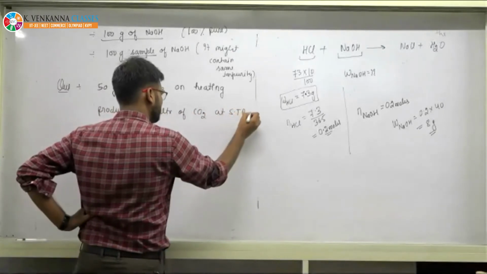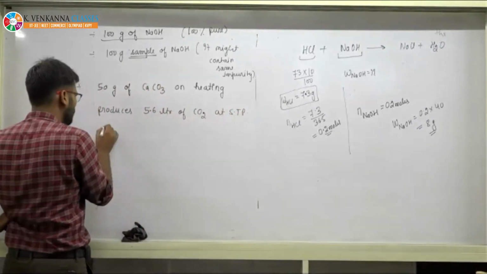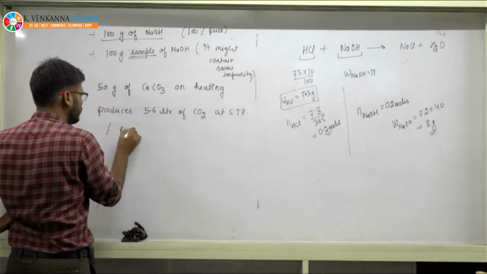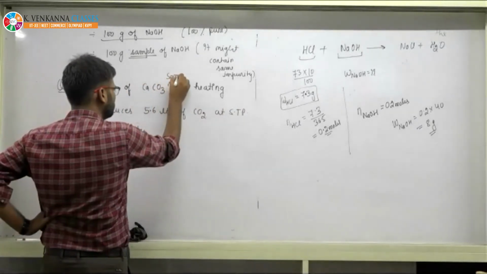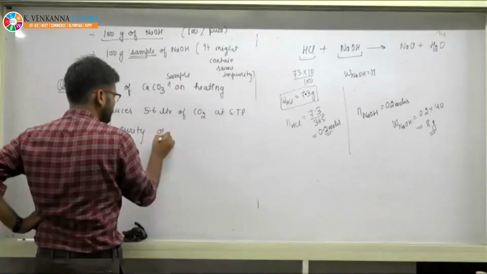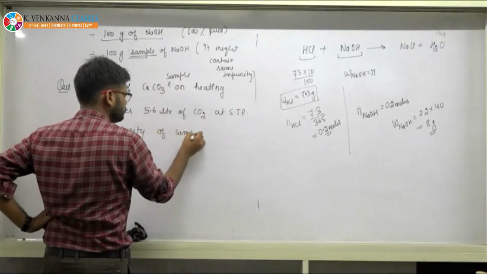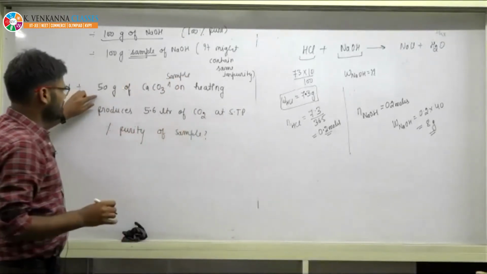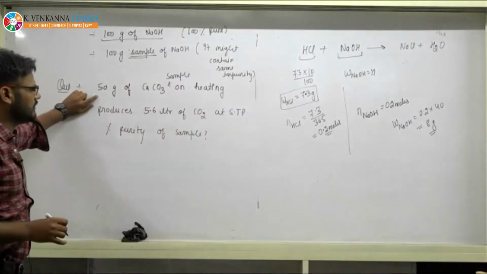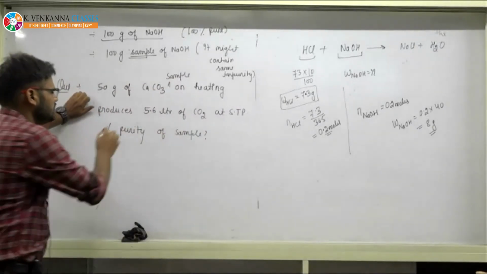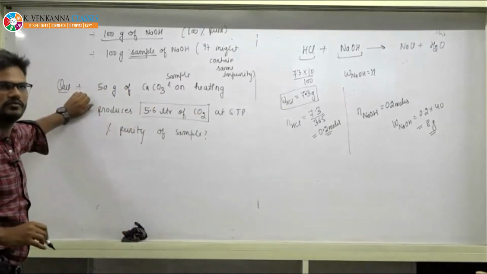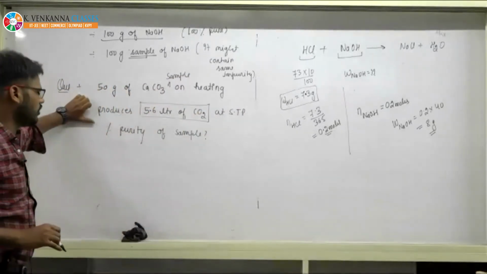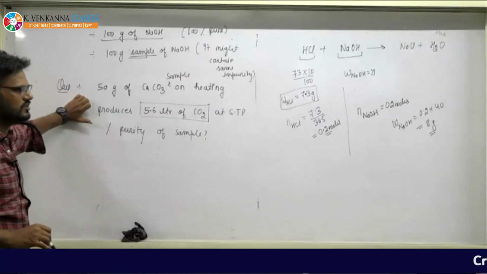This is what is given. Now I am asking the percentage purity of the 50 gram CaCO3 sample. It says if I heat 50 gram of calcium carbonate, it produces this much volume of CO2 at STP. So please provide me the percentage purity of the sample.